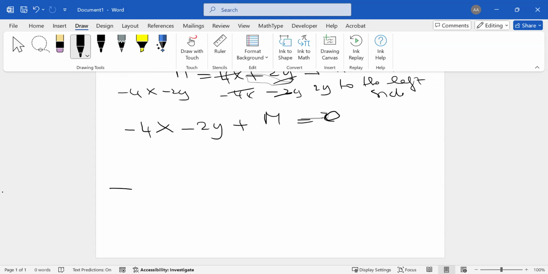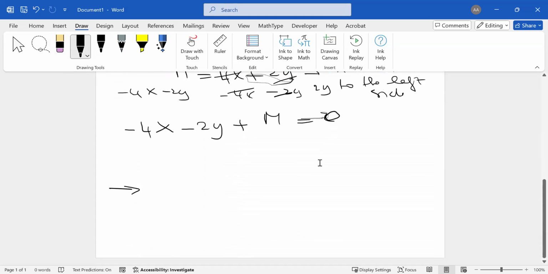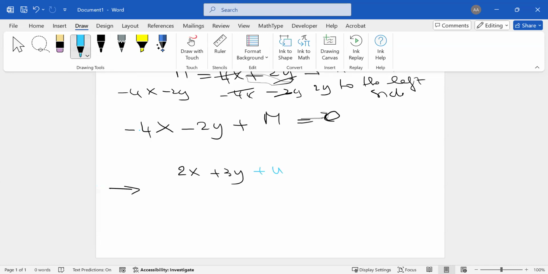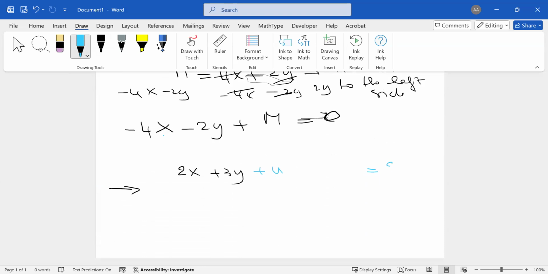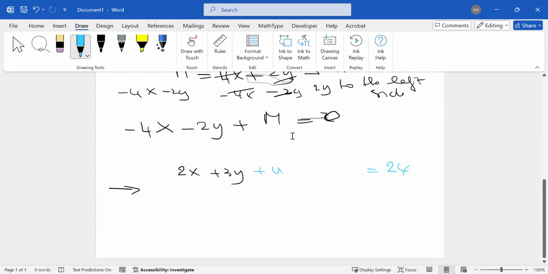So let's write first the first constraint, 2x plus 3y plus u equals 24. Let's write the second one: x plus 6y plus v equals 30.